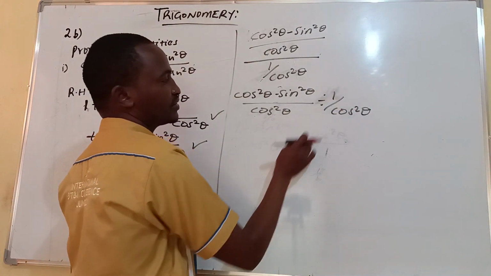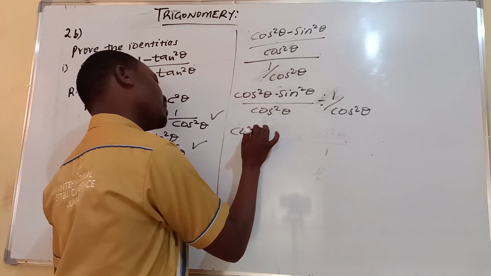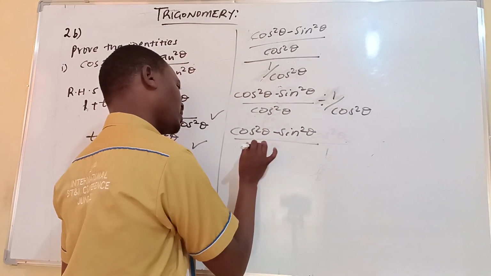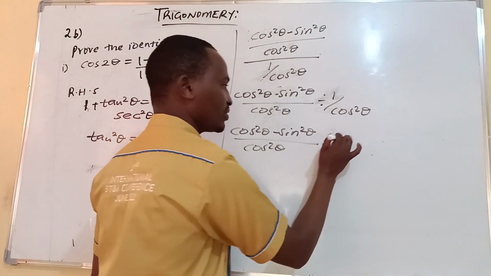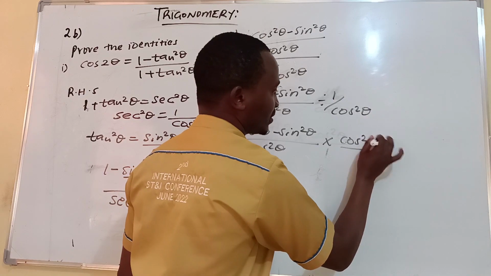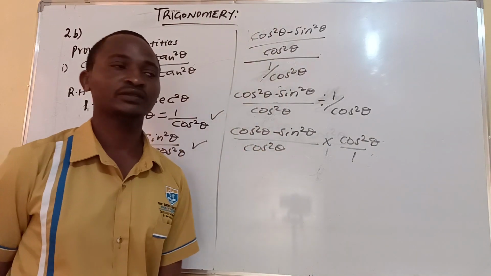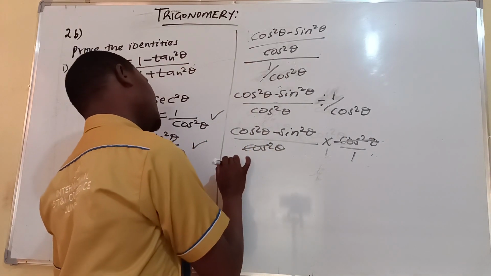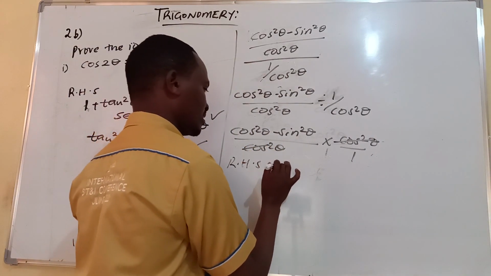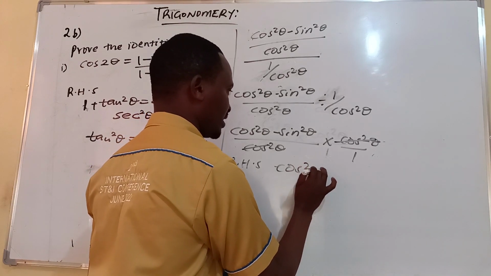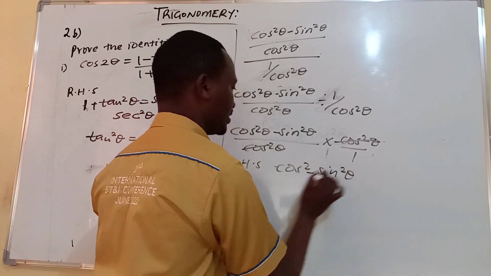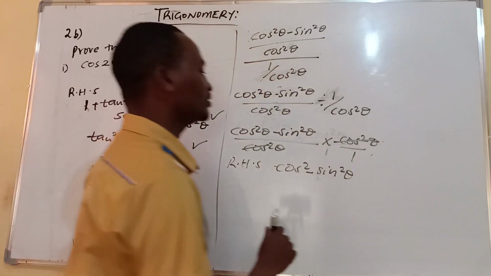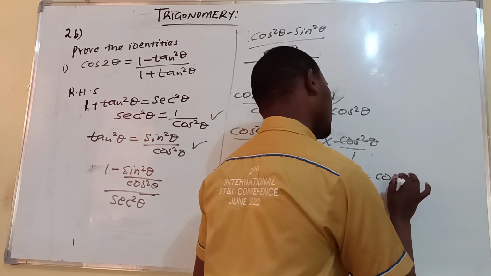So you can say this is division, which is cos squared theta minus sin squared theta all over cos squared theta times cos squared theta all over 1 if you do the reciprocal. So that this can cancel out with this. So that now we can say the right hand side is cos squared theta minus sin squared theta, which is equal to cos 2 theta.